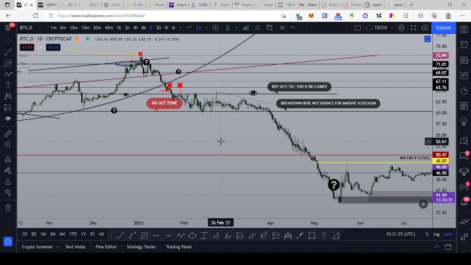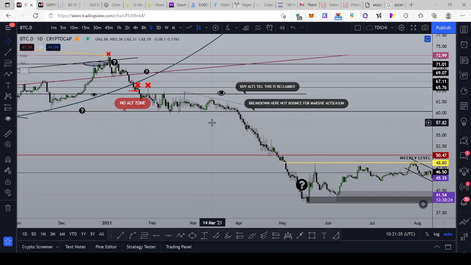I've updated it. It's been a while, but we're following it quite closely, and the accuracy is just super. Then we had this consolidation in February to March, and we have these two levels. Buy altcoins once this level is reclaimed.